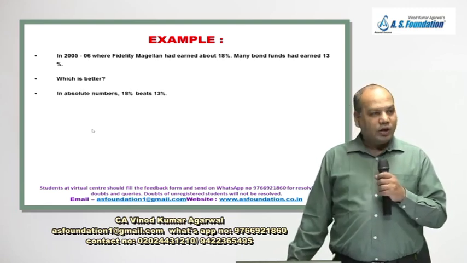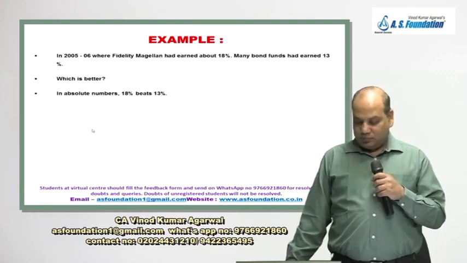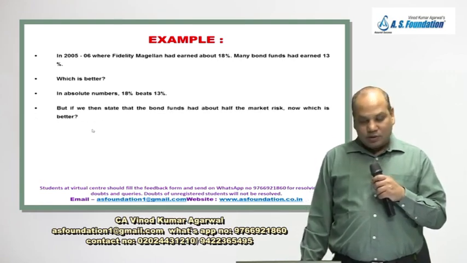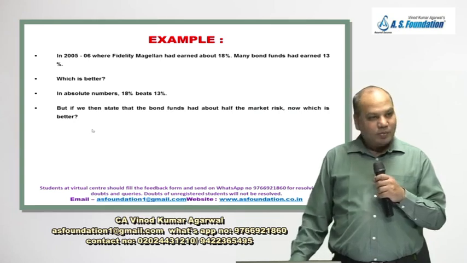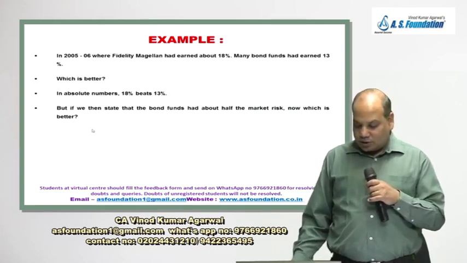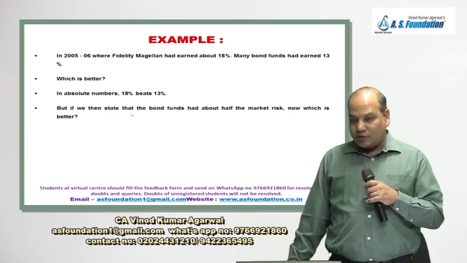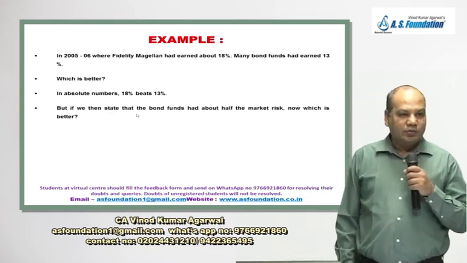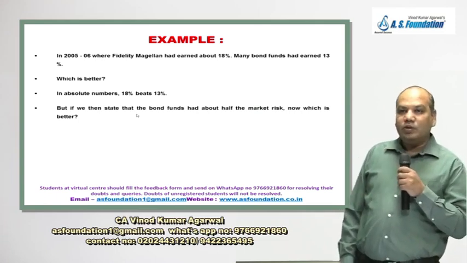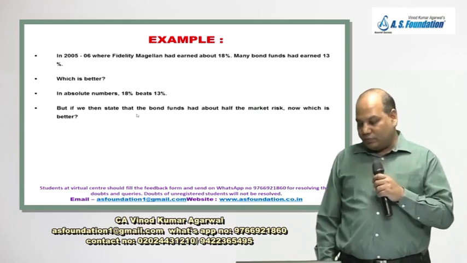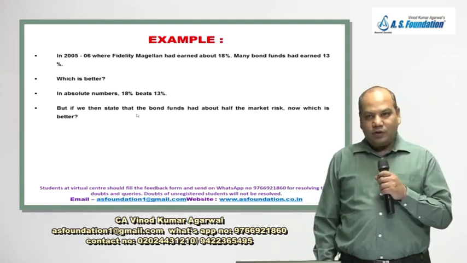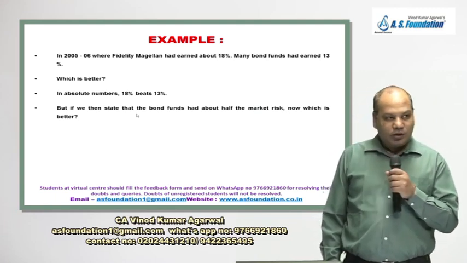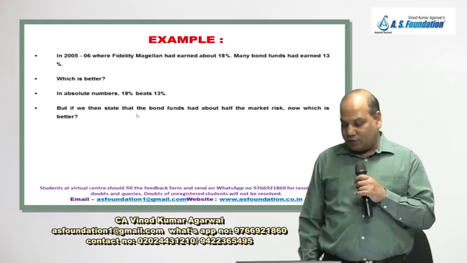If you only look at absolute numbers, it seems that the answer is yes, Fidelity has performed better. 18 is more than 13. But if we then state that the bond fund had about half the market risk, the risk that you have taken in bond fund is half of what you have taken in that Fidelity Magellan fund.